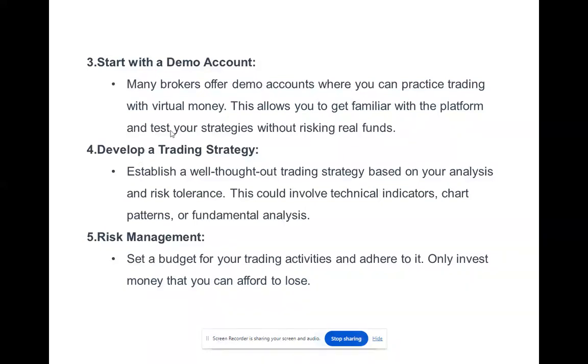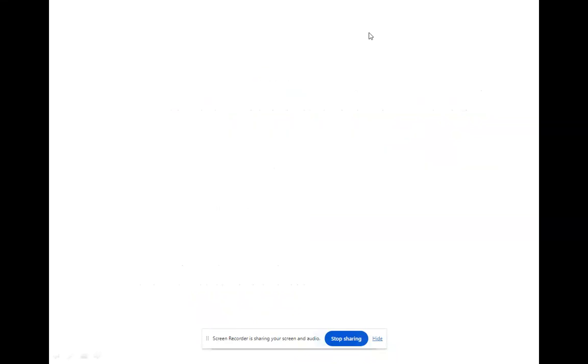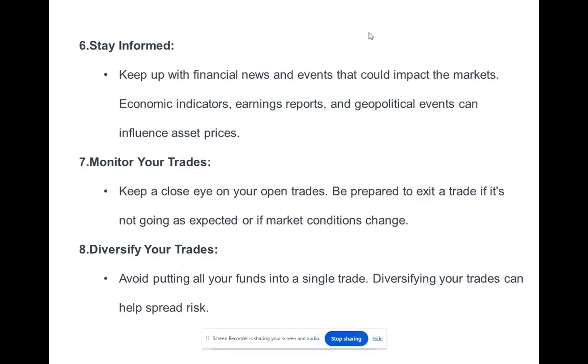So I'm going to list out the 10 steps. Now let's talk about number six, stay informed. Keep up with financial news and events that could impact the market.